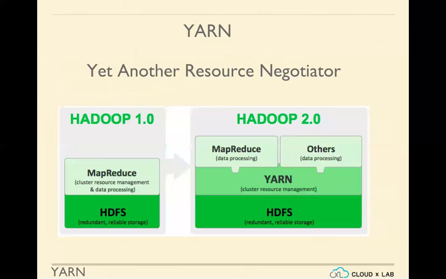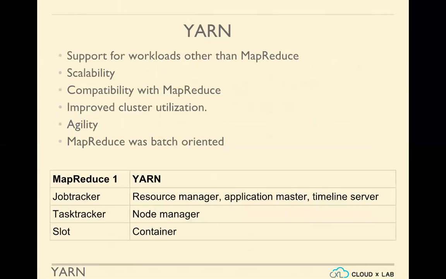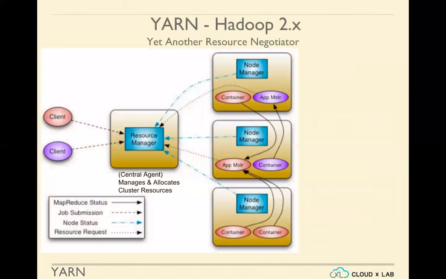MapReduce 1 becomes MapReduce 2 plus Yarn. The older one was broken into two parts. We call it refactoring in computing, and that's Yarn.